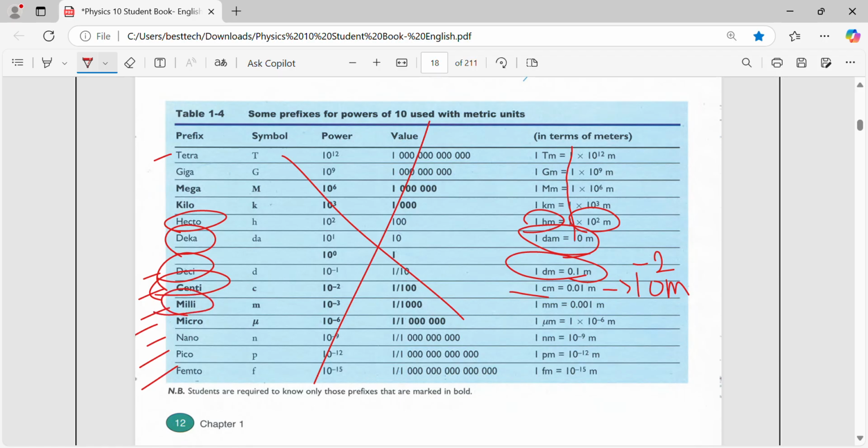And 1 millimeter equals 10 power negative 3 meter. 1 micrometer equals 10 power negative 6 meter. 1 nanometer equals 10 power negative 9, and 1 pico 10 power negative 12, 1 femto 10 power negative 15. Guys, so important. If you don't memorize this rule, you cannot even solve one example. So it's really so important.